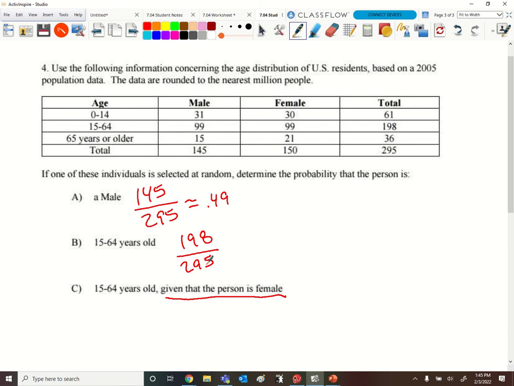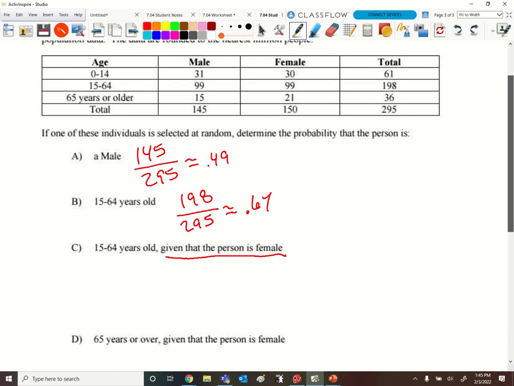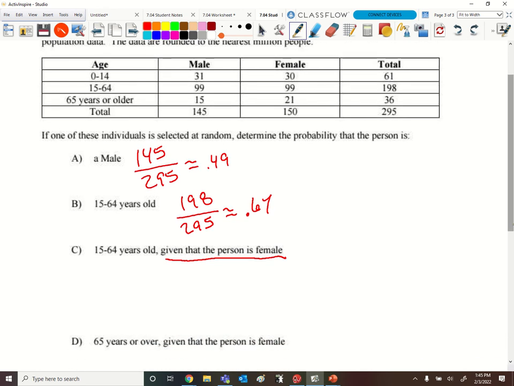And what do we get here? 0.67? Any questions there? Pretty straightforward.